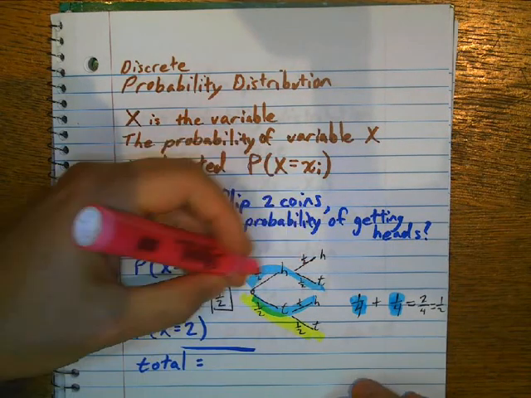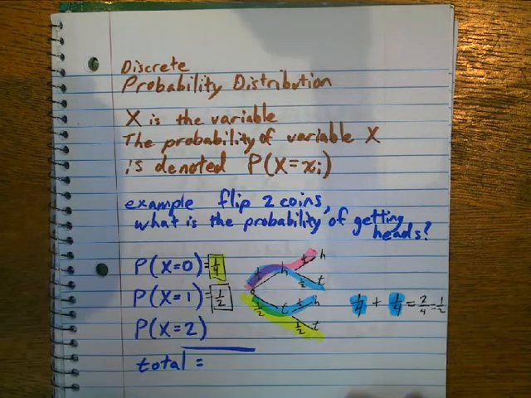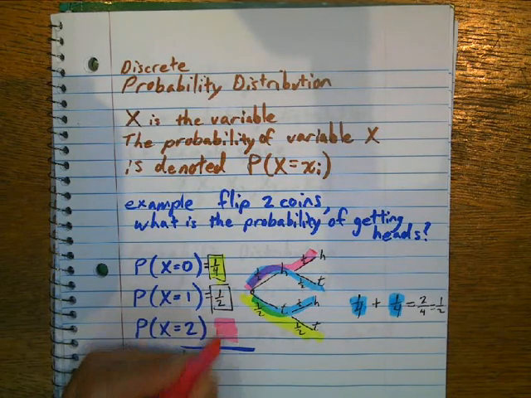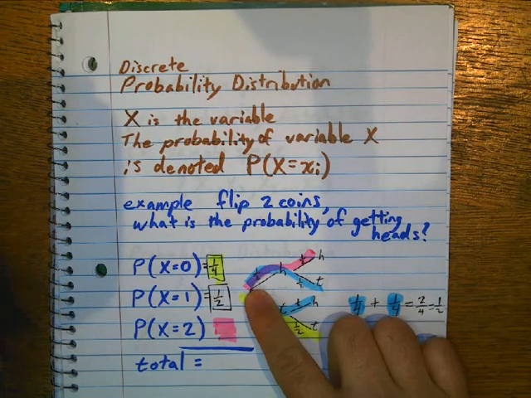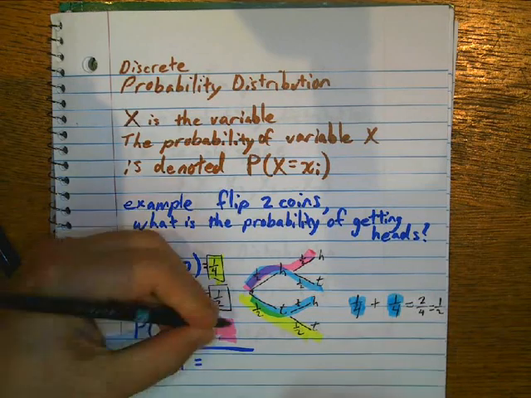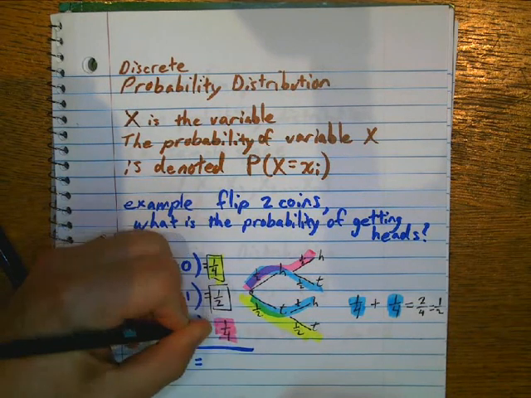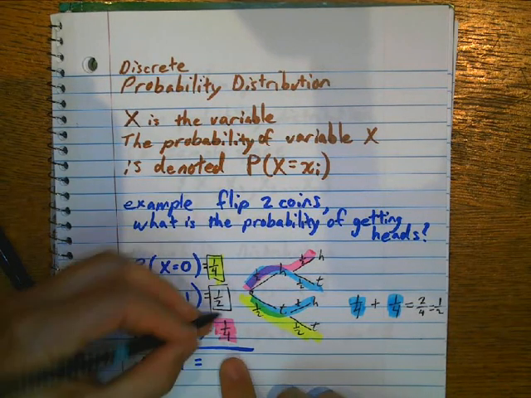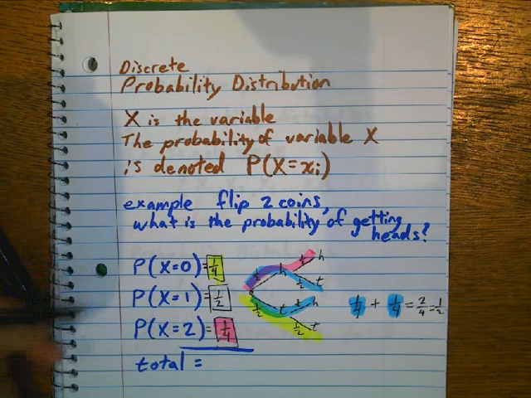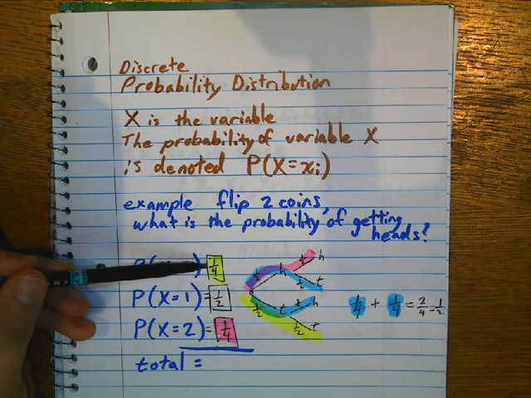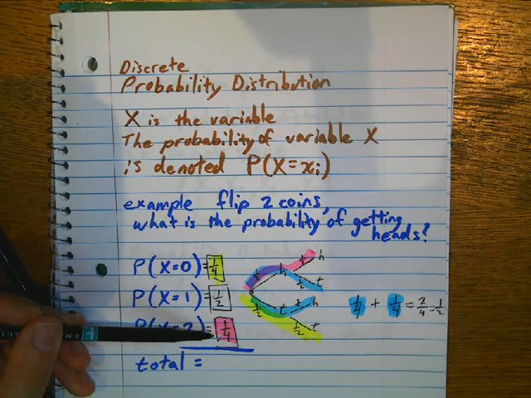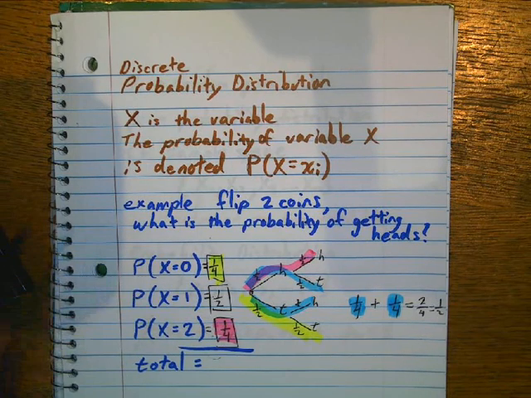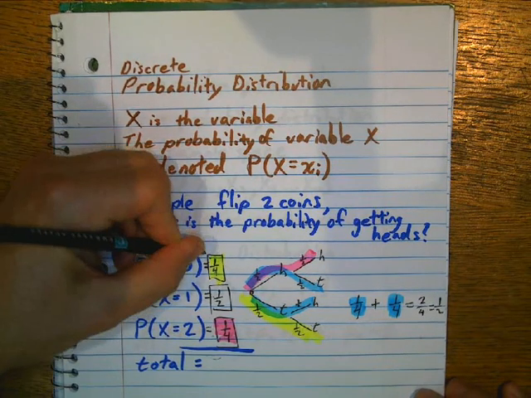Now the third possibility is if I'm going to get heads twice. So if I get heads and then I get heads, 1/2 times 1/2, that's going to give me a 1/4 chance of getting heads twice. Now the important thing to know is these are the probabilities of getting no heads, one head, or two heads. All of these values will never be greater than 1.